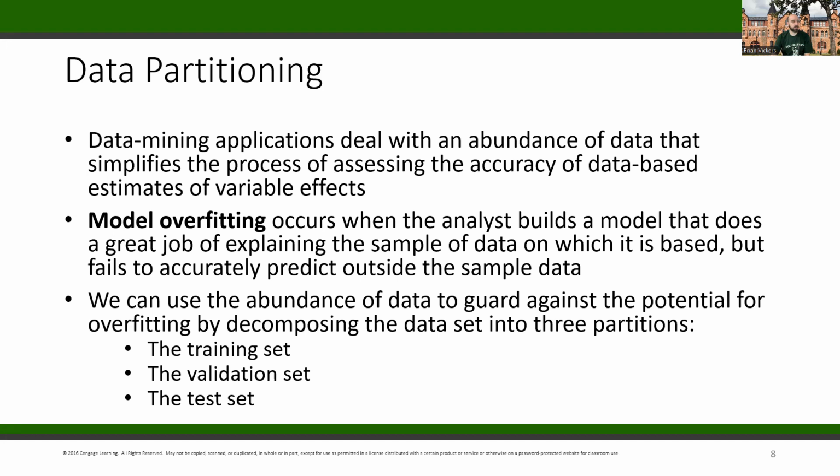We have, as you can see here, an abundance of data out there, and we're going to simplify that process. But what we don't want to do is what's called model overfitting. So what happens there is that you have all this highly detailed information, but it only works within the model itself because it's so specific to just this set of data only.